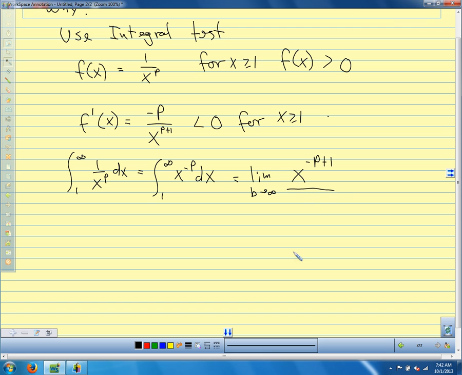And we have to divide by something. When I take the derivative of this, what comes out in front? Minus p plus 1. So I have to put the minus p plus 1 there. So there's my integral.